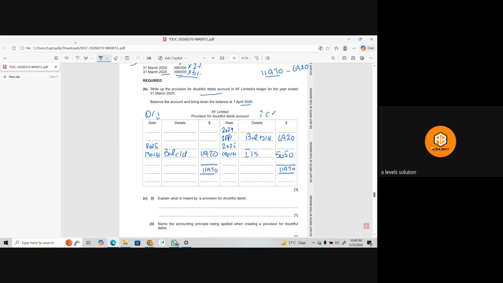And this closing balance will shift here on 1st April 2025.